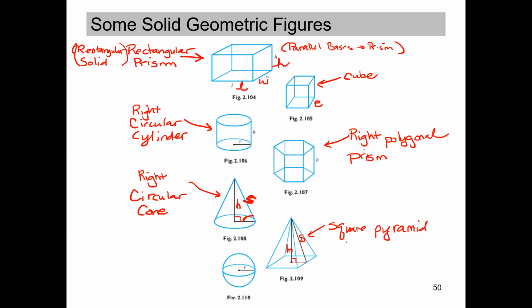You can call it X if you'd like, any measurement. I was using R originally, but I'm not going to, because R usually means a radius and this is a square base. So just call it X if you wanted to, but you don't need it. You can always calculate it given H and S using, again, the Pythagorean theorem, because you can see this nice right triangle that's created. So then the last figure we have is a sphere.